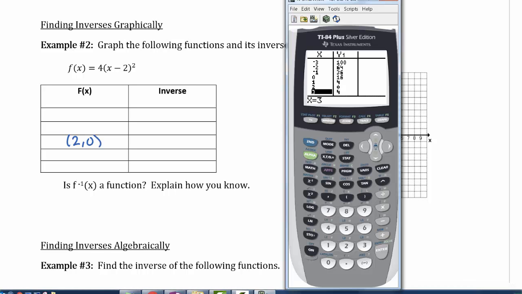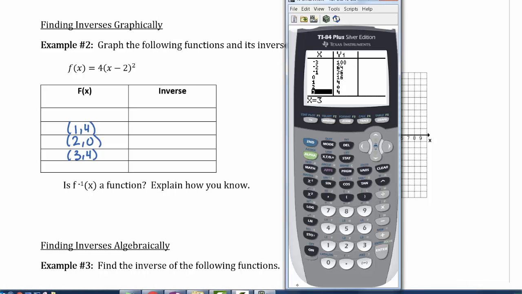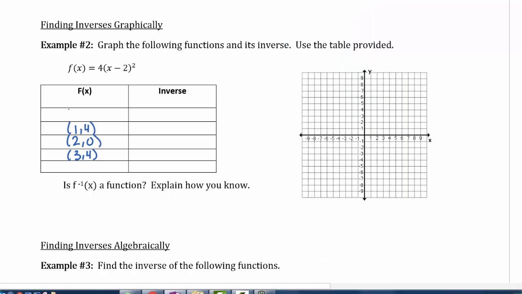I have 3, 4, and 1, 4 on that table. I'm going to get 2 more points to see where I'm at. I'm at 4 and 16 and 0, 16. So I can't really graph those because they're past 10. But we can imagine where they would be.